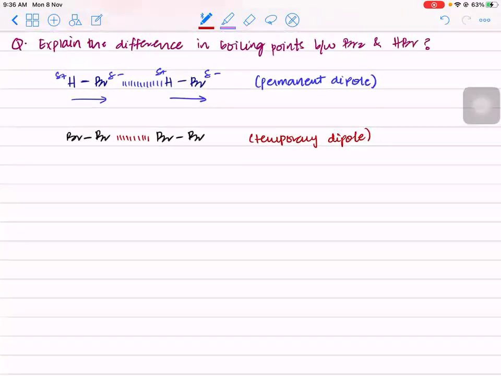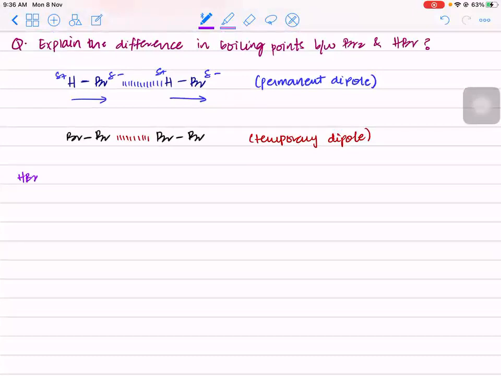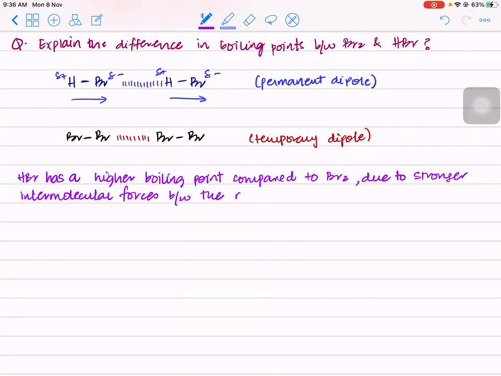So you will say that HBr has a higher boiling point compared to bromine due to stronger intermolecular forces between the molecules.